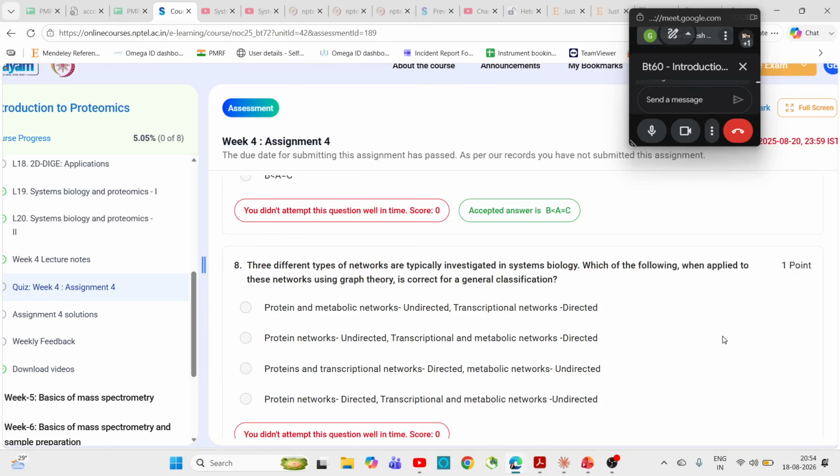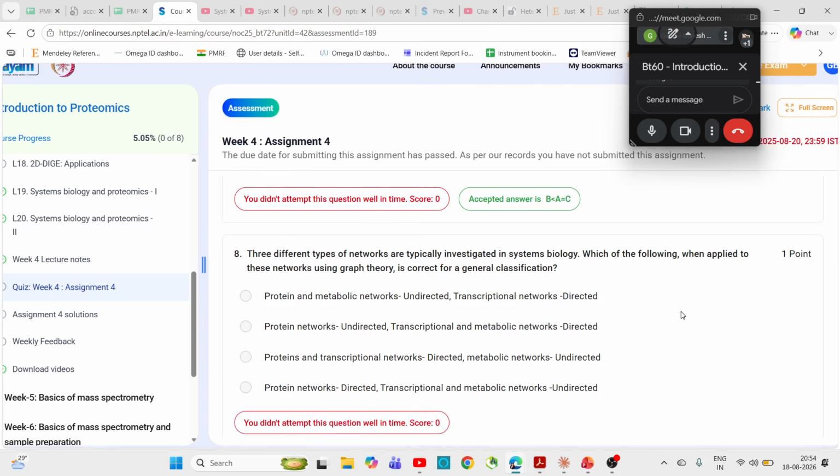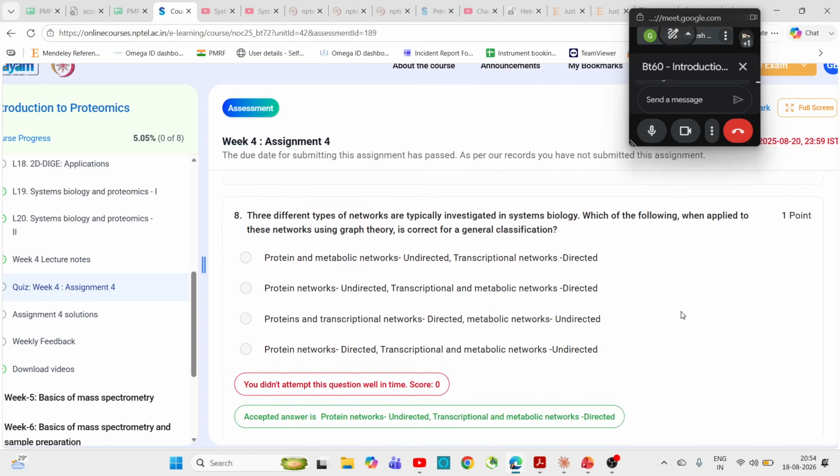So which are the other two which are directed, whereas one thing which is undirected? Yes.